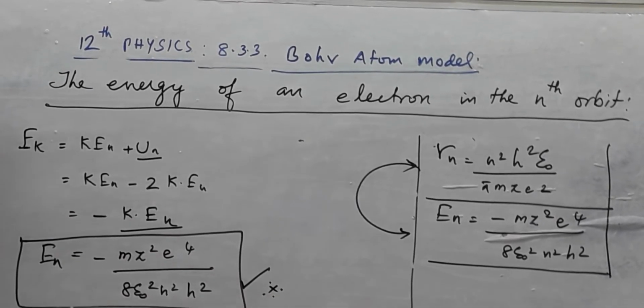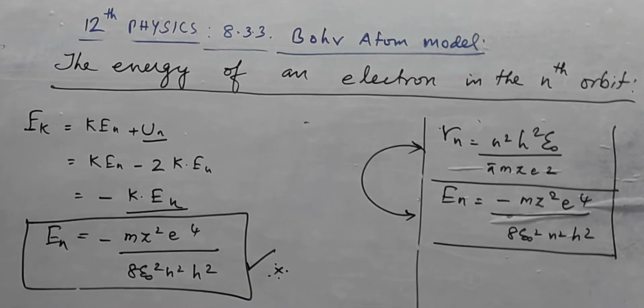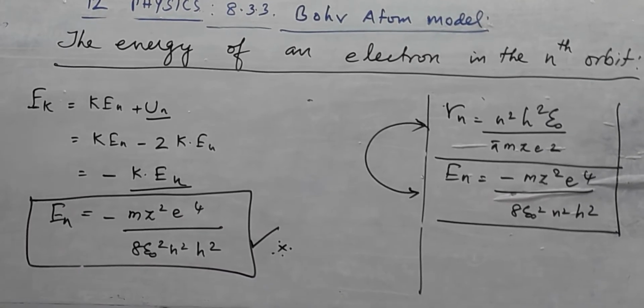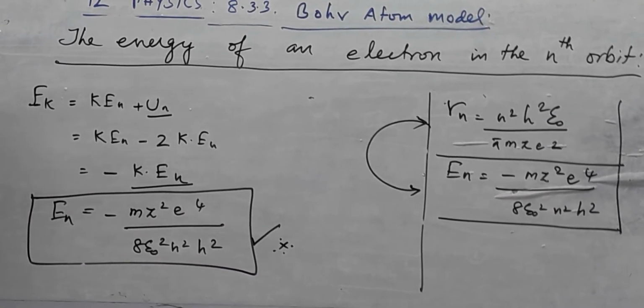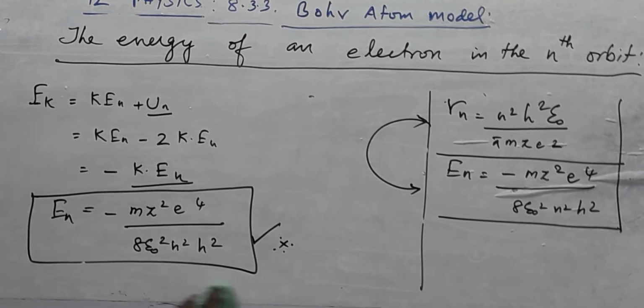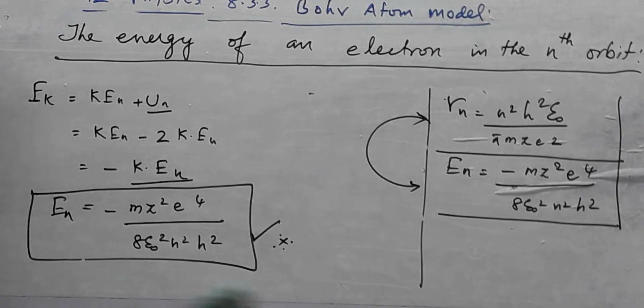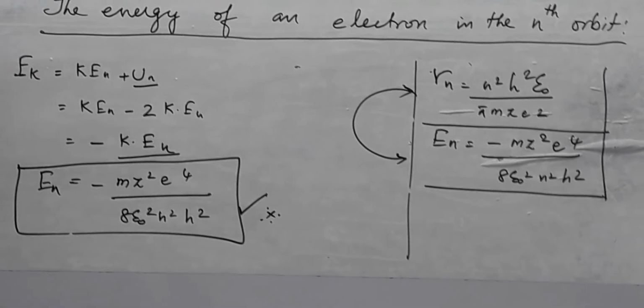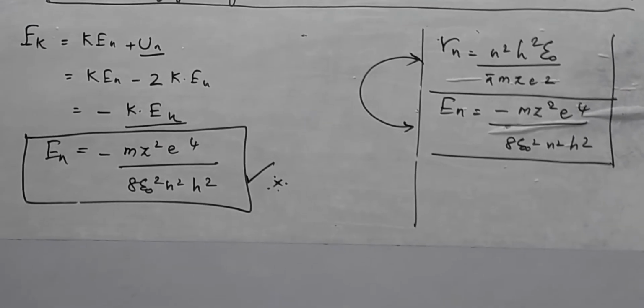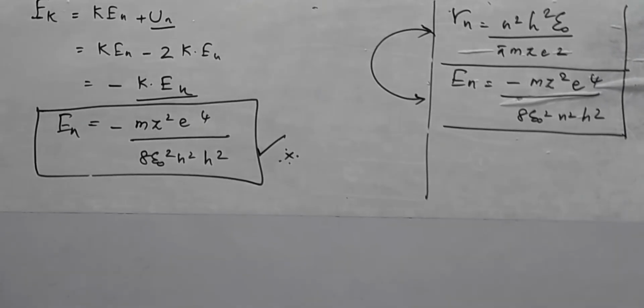Now, as per this equation, we conclude that this is for the hydrogen atom. When you consider the hydrogen atom, what is the Z value? Z equal to 1. Z means atomic number, that is the number of electrons, equal to 1.